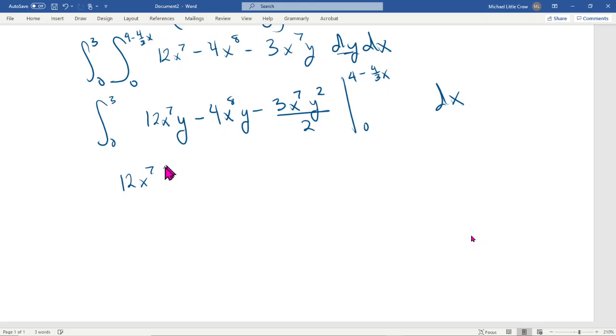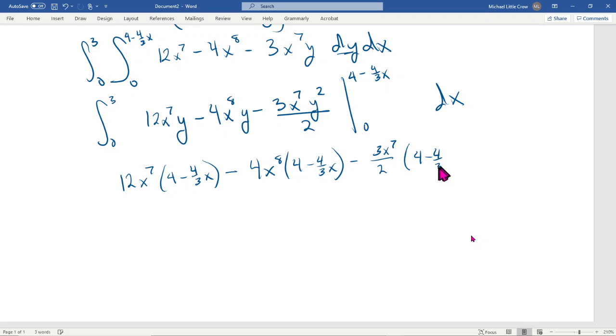12x to the 7th times 4 minus 4/3 x, minus 4x to the 8th times 4 minus 4/3 x, minus, I'm going to group this, 3x to the 7th over 2 times 4 minus 4/3 x squared.